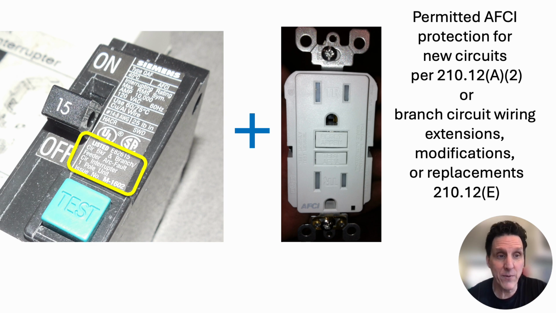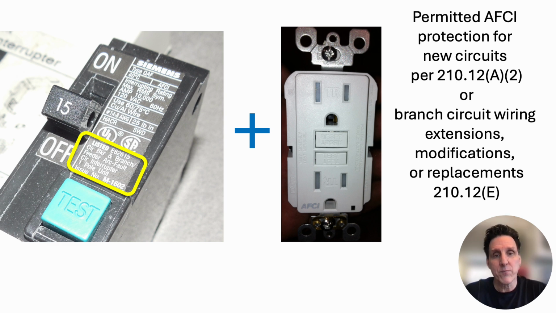Like you see on the screen here, we have the AFCI breaker, which is not a combination breaker, but just branch circuit/feeder AFCI. And then we have the outlet type AFCI receptacle, which we would install at the first outlet. And in conjunction with each other, they provide protection essentially equivalent to a combination type of AFCI.